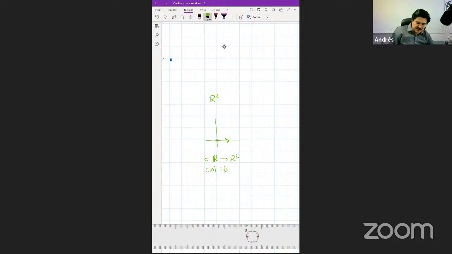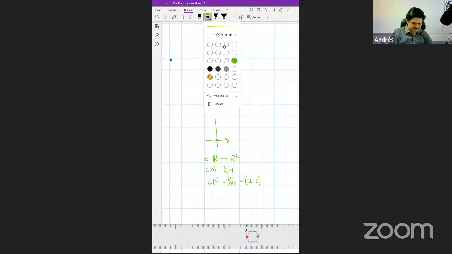At 0 is the 0 vector, and the derivative at 0 is the same as this vector. What's an example of that curve?